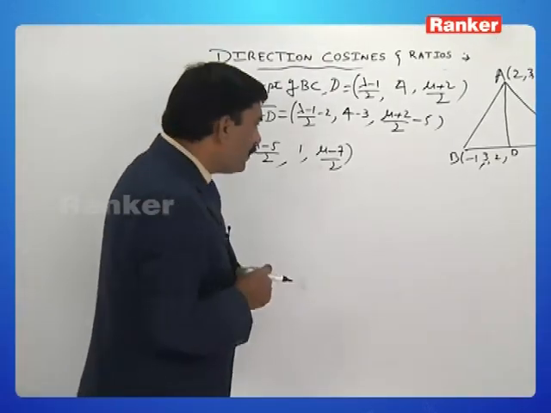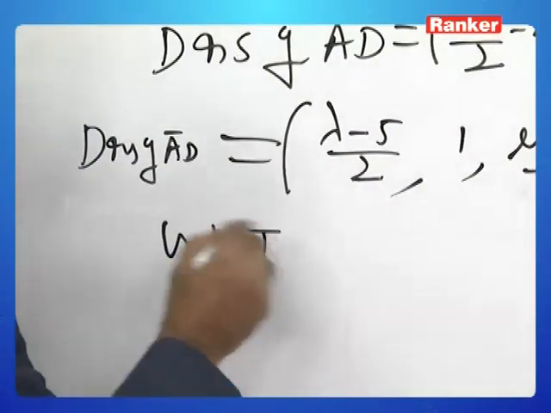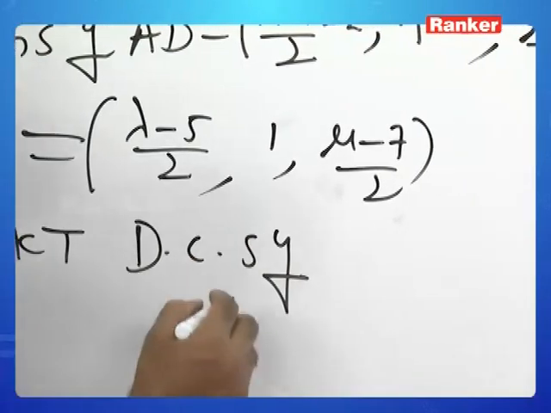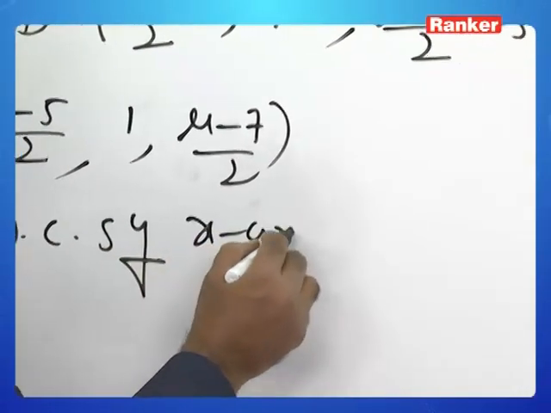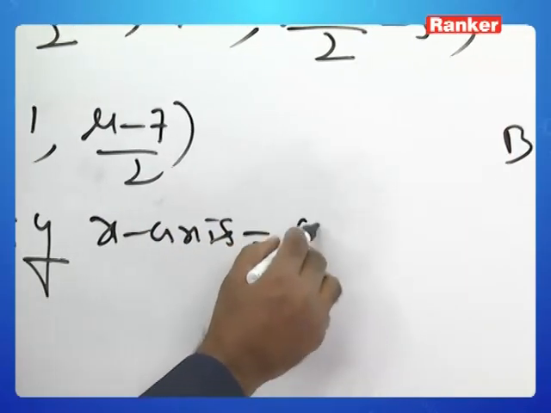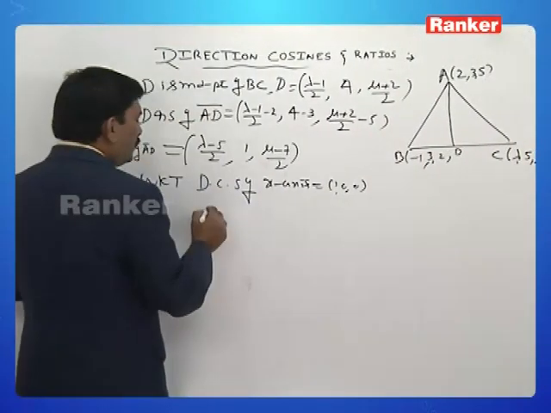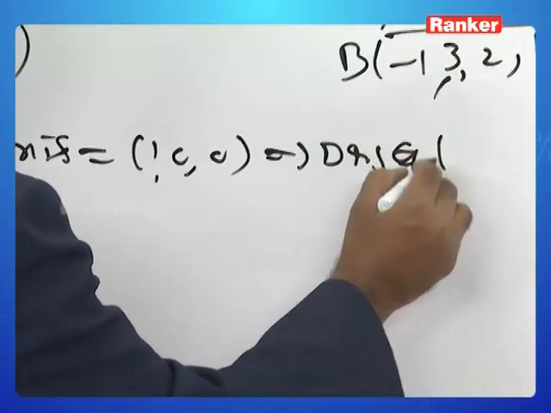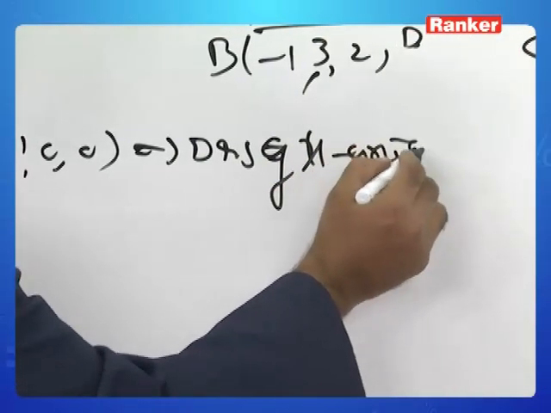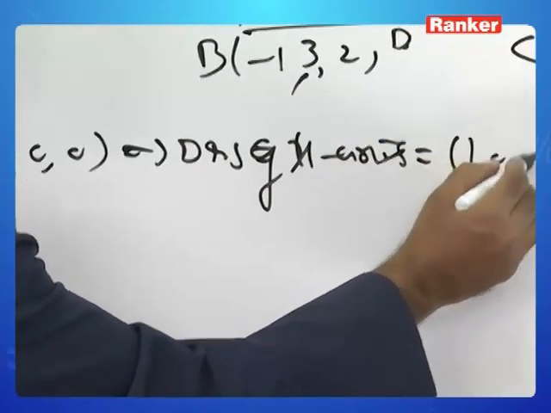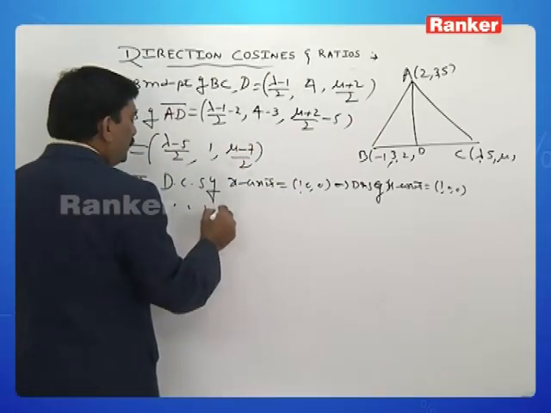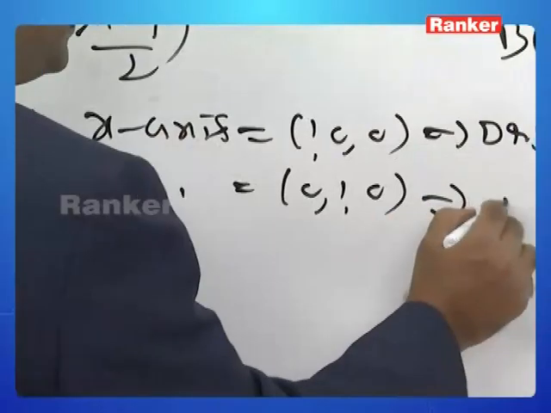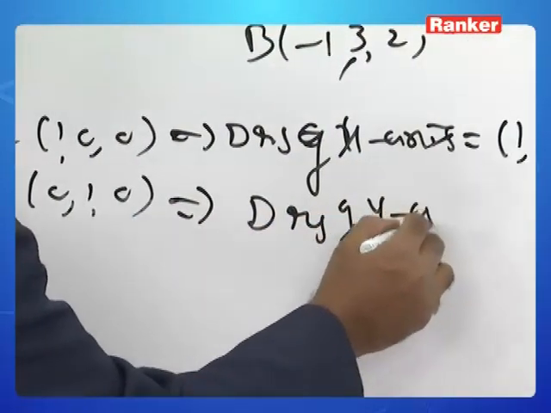DRs of AD bar. We know that DCs of x-axis equal 1, 0, 0, and the DRs of x-axis are also equal to 1, 0, 0. Next, DCs of y-axis are 0, 1, 0, so this is the same as the DRs of y-axis.